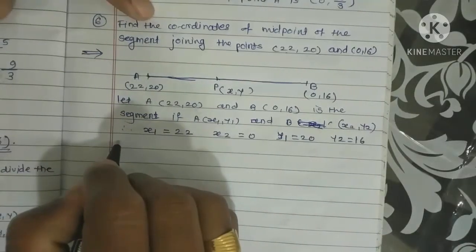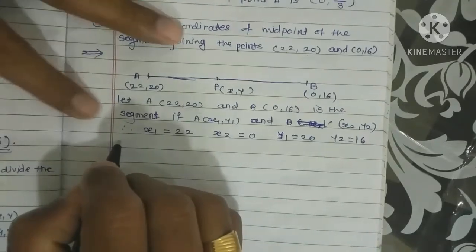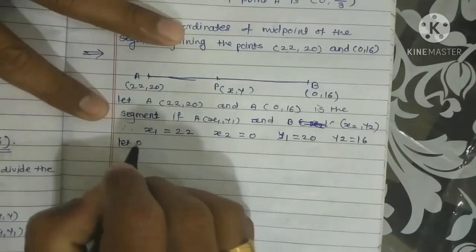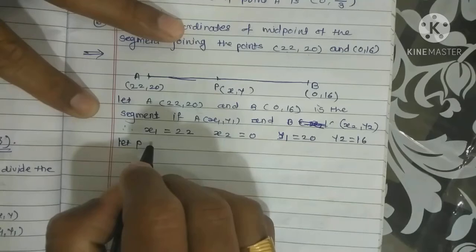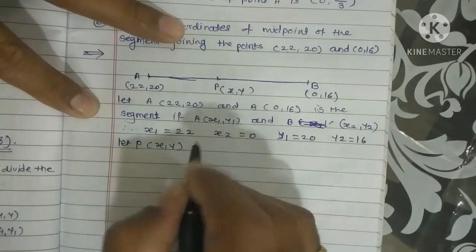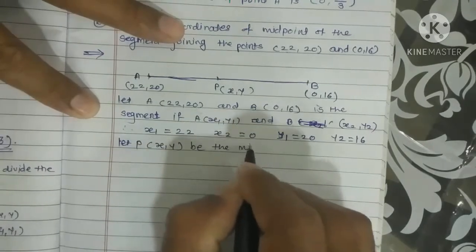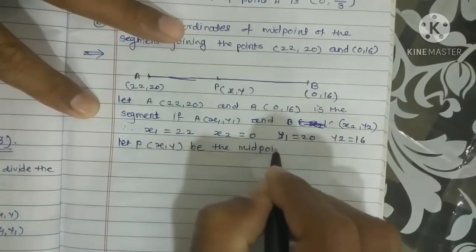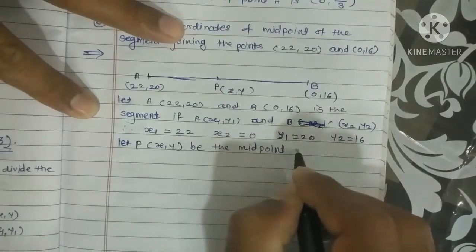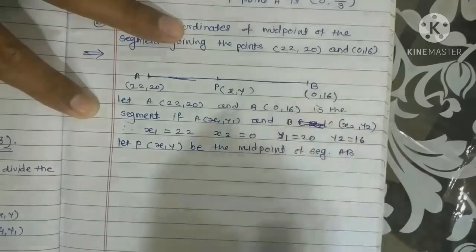Then let P (x, y) be the midpoint of segment AB.